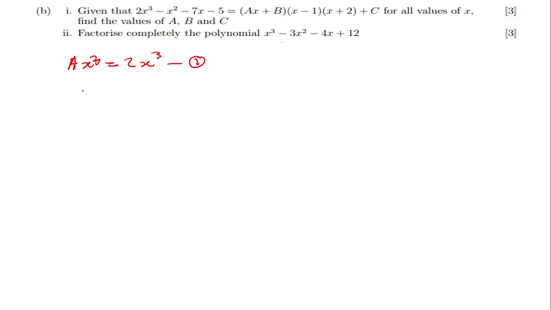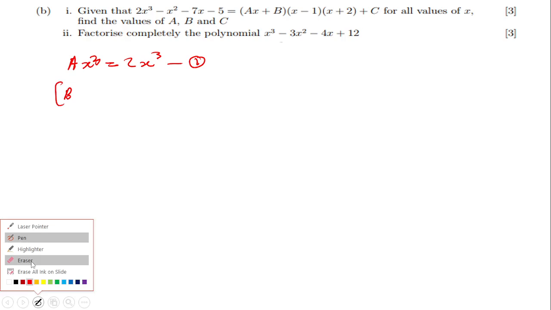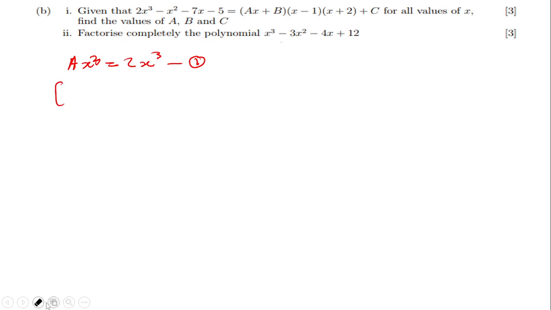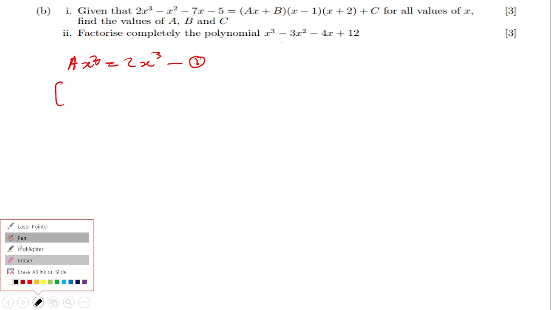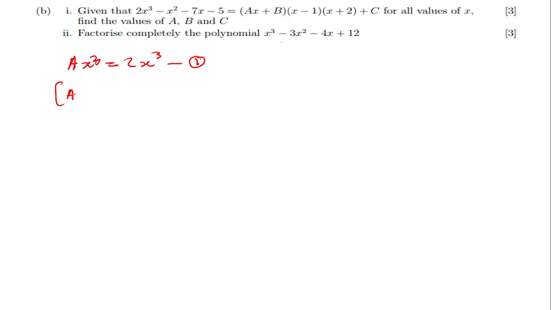Then equation 2: (a plus b) in brackets, x squared outside, equals minus x squared. This was equation 2.